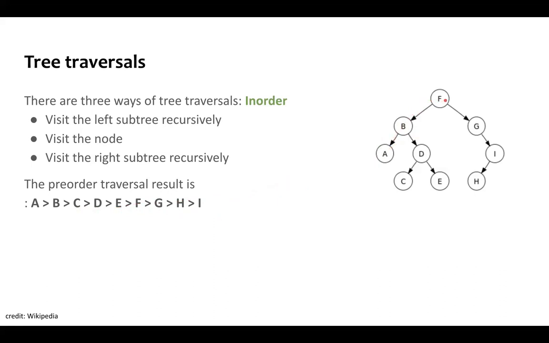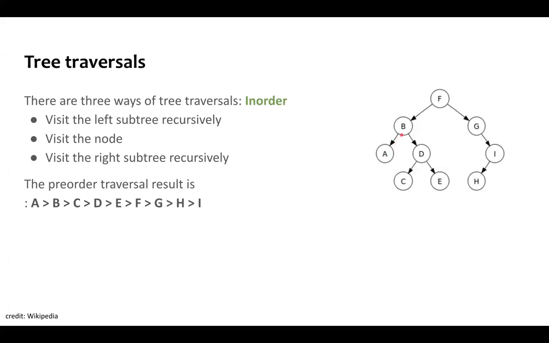When we start from the root, rather than visiting this node, we are going to process the left part first. So we go to the left part and we do the same thing for this node. When we come over here, rather than visiting this node, we are going to have a look at the left child first. So that is going to be A.